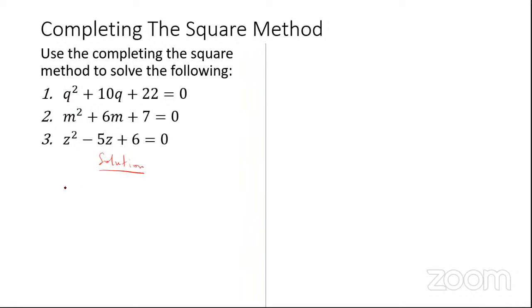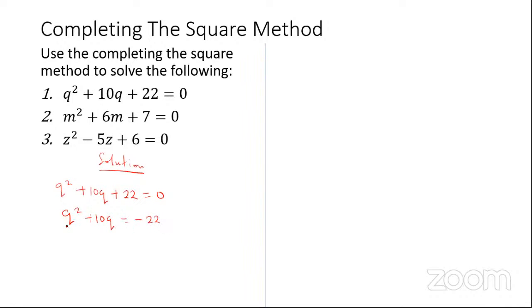Number 1: q squared plus 10q plus 22 equal to 0. Take plus 22 away so that we have q squared plus 10q equals minus 22.